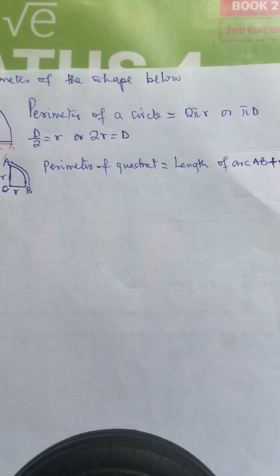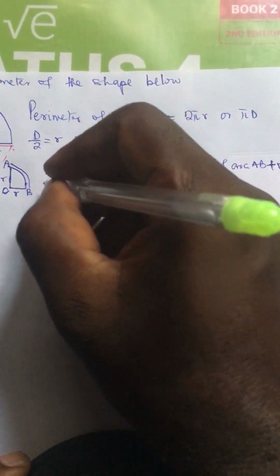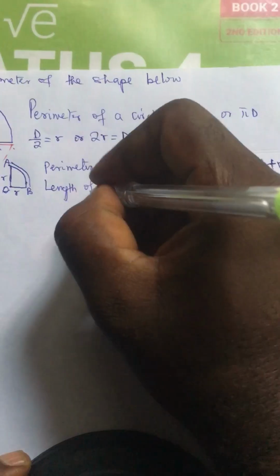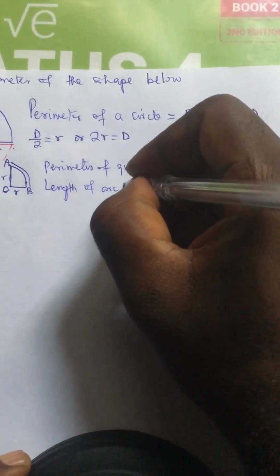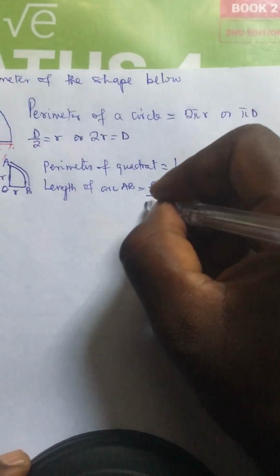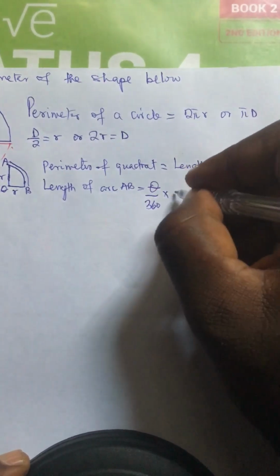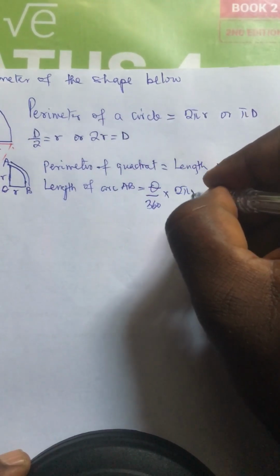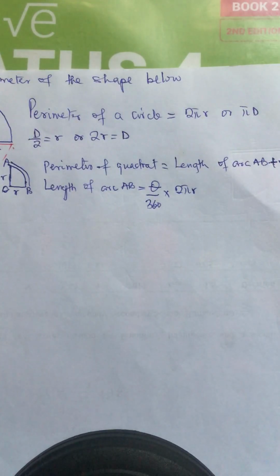Now, the formula for the length of arc AB is theta over 360 times 2 pi r. That's the formula we're going to use to get the length of the arc. What is theta? Theta is the angle that the arc makes with the center of the circle.